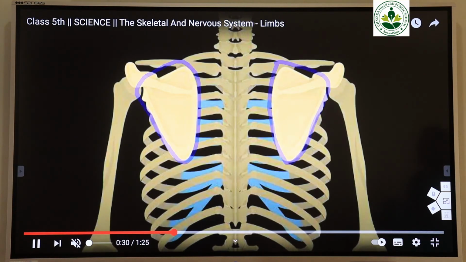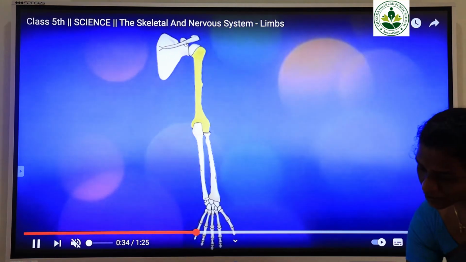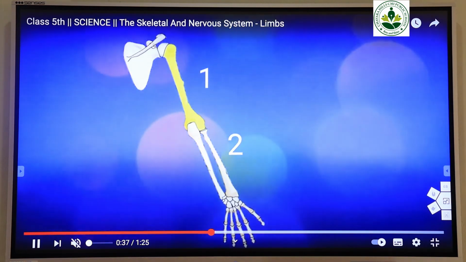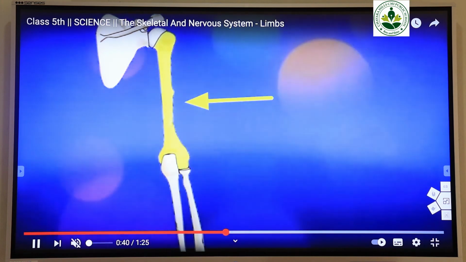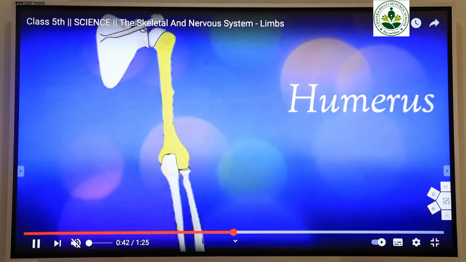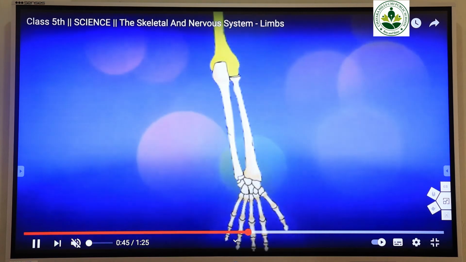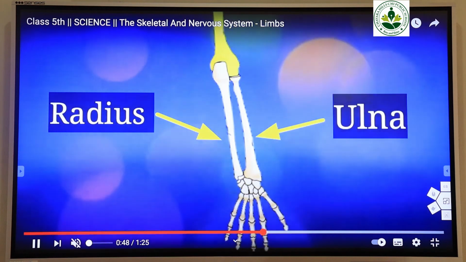They consist of the collarbone and shoulder blade. The upper arm and lower arm are the 2 parts of our arm. The upper arm consists of a long bone named humerus, and our lower arm consists of 2 bones, radius and ulna.